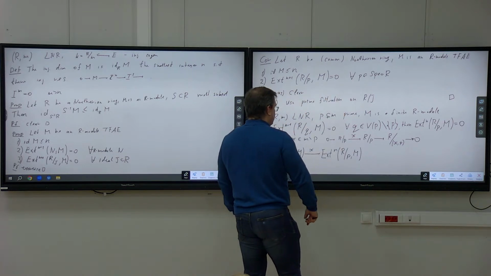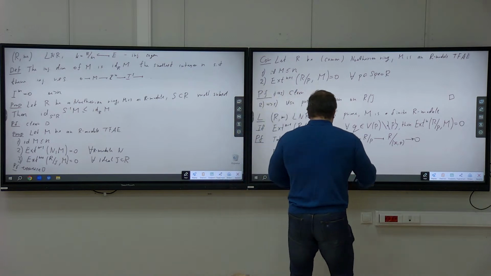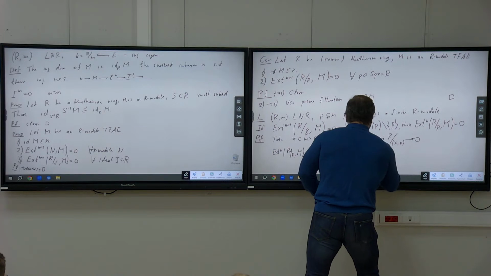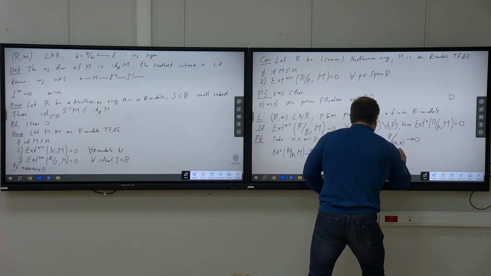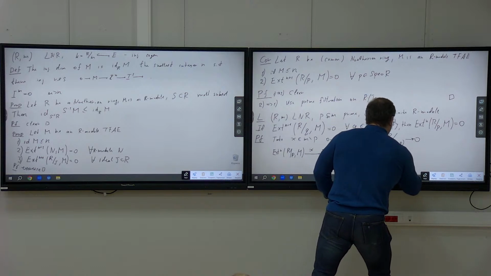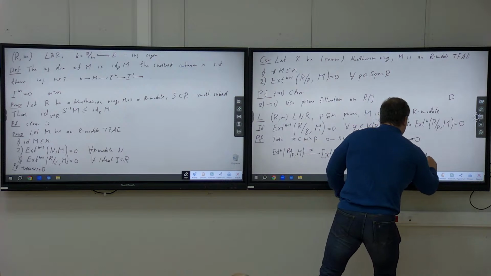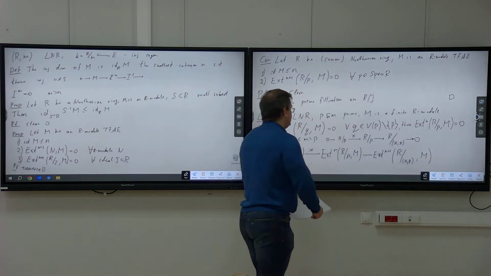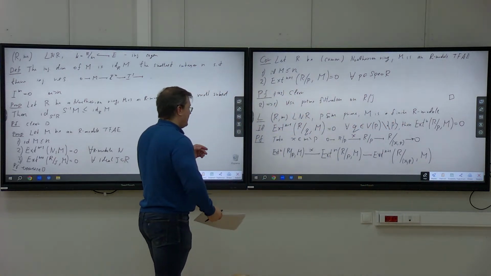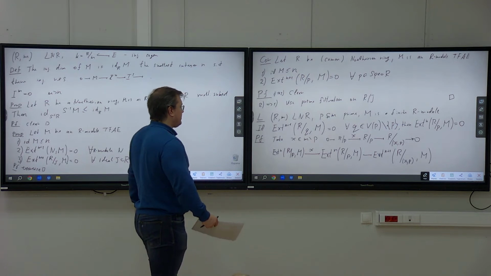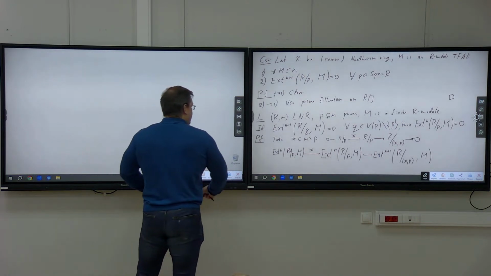Now my second argument is fixed, so I'm applying Hom, which is contravariant, and we get Ext^{n+1}(R/(x𝔭), M). So this is the long exact sequence, well, kind of, three terms from the long exact sequence. I'm going to need only these three terms.